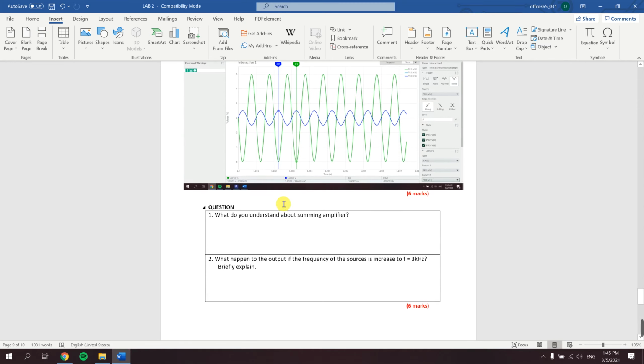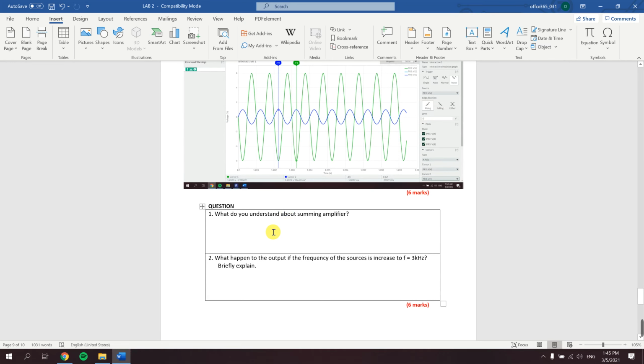Next, I'll be answering the questions. What do I understand about the summing amplifier? A summing amplifier is an amplifier that we use to add all the voltage sources connected to it. We can use unity gain, which is easier because we don't have to calculate the gain, we just add everything up.